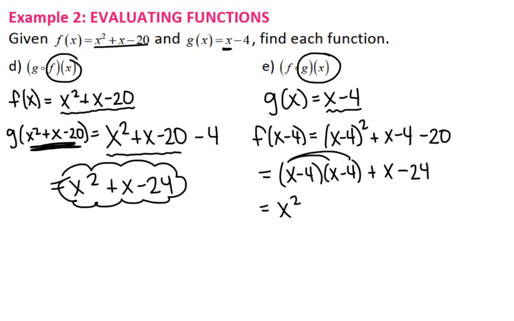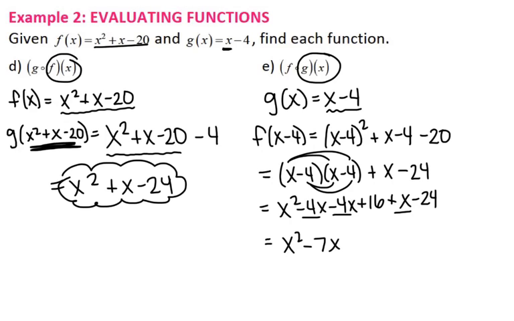So I have x squared minus 4x minus 4x plus 16 plus x minus 24, and combining like terms. So x squared, minus 4x minus 4x is negative 8x, plus x is negative 7x, and then 16 minus 24 is negative 8.